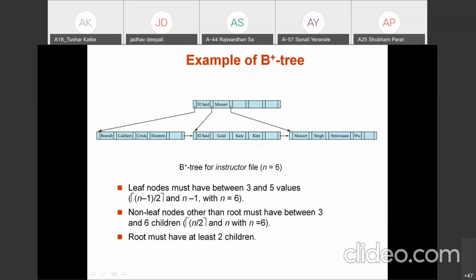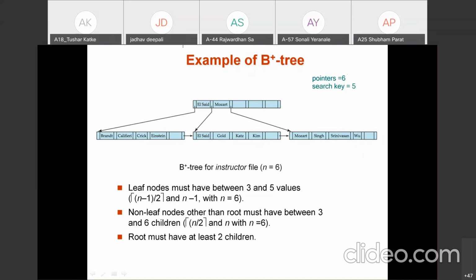If n is equal to 6, 6 pointers are there. And how many search keys? 5 search keys are there. So n is the number of pointers, and there are n minus 1, that is 5, search keys.